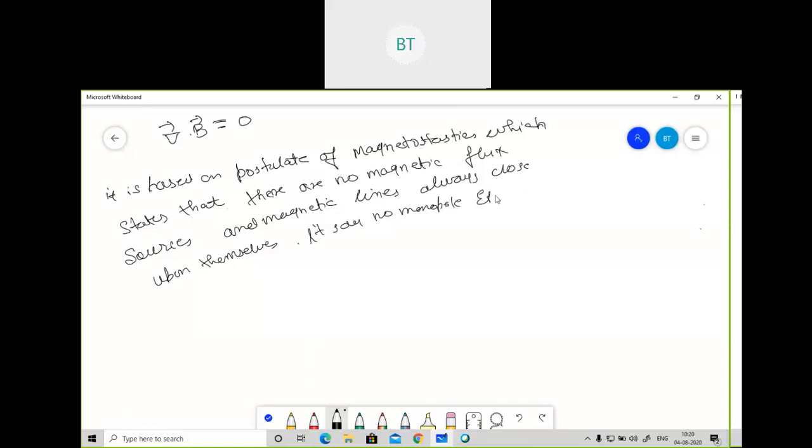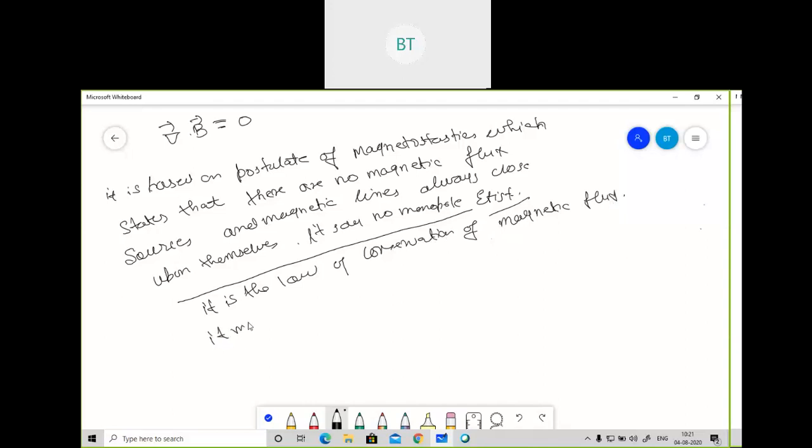So based on this statement only, I'll prove this equation. I'll tell you what I am writing. So basically, it is a law of conservation of magnetic flux.